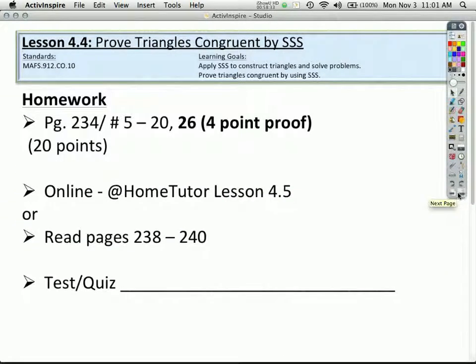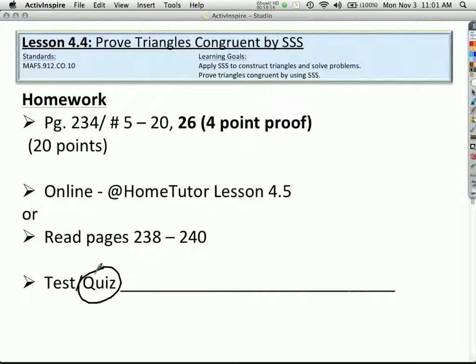Your homework, page 234. You're doing numbers 5 through 20. And you're doing number 26, which will be 4 points. That is a total of 20 points. And you're going to do the at-home tutor for lesson 4.5, or read the pages of the next section.